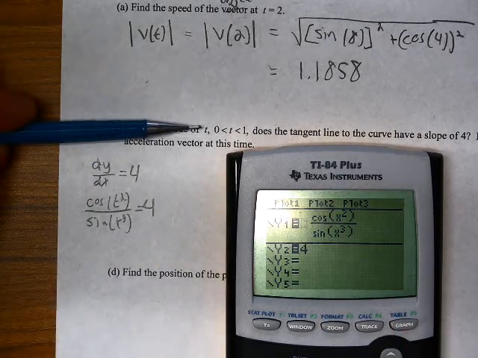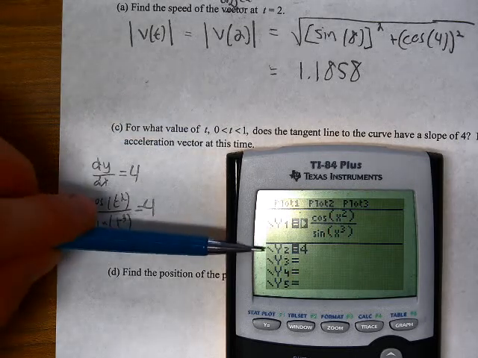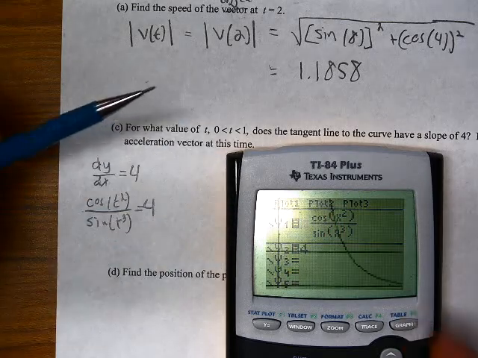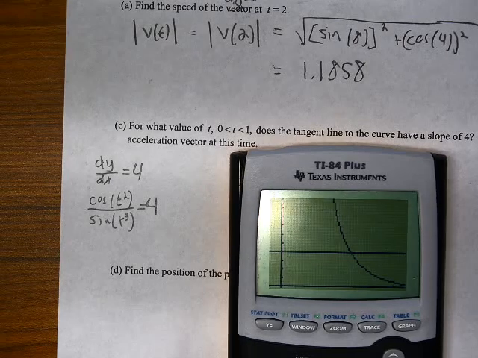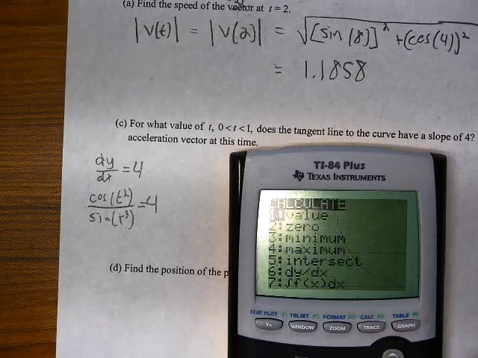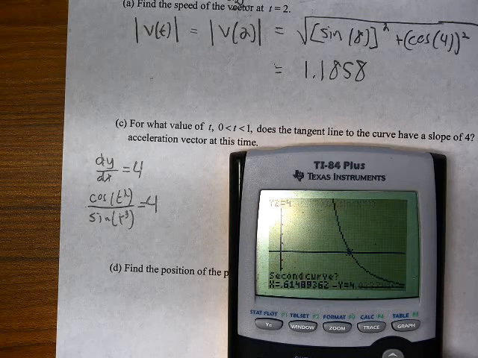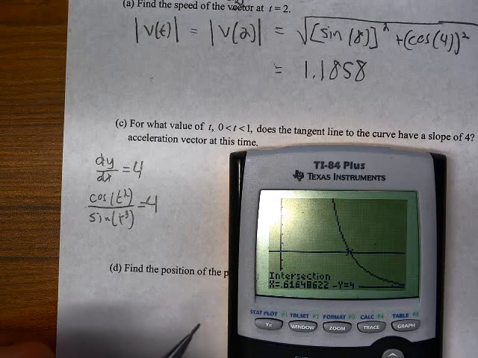My x values can be between 0 and 1, and I know that my y values have to be at least 4, so from 0 to 5 or 10 or whatever. I think I set it at 10 here, and you can see the graph. Then if I just do a second calc, intersect, first curve, second curve, guess, you can see here my answer is 0.61648622.